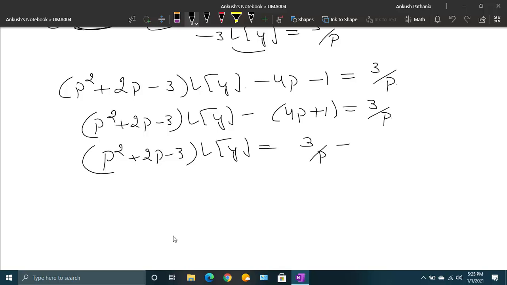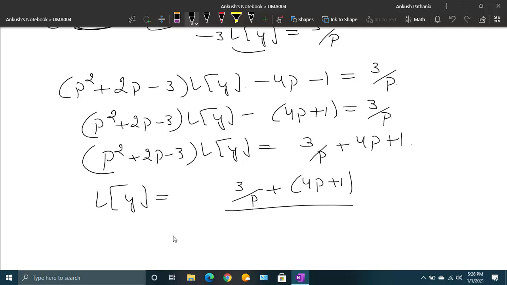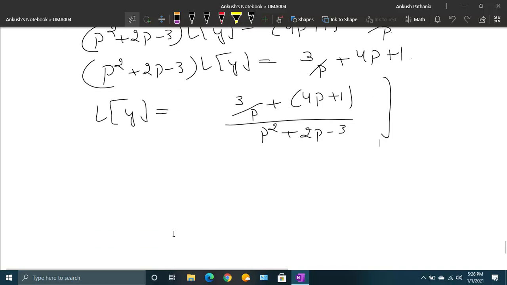So what we are now going to do is take the terms other than Laplace y to the right hand side, so that we are left with Laplace y is equal to (4p plus 1) upon p squared plus 2p minus 3, plus 3 upon p. Let me solve this further so that I can write it in a more proper way.